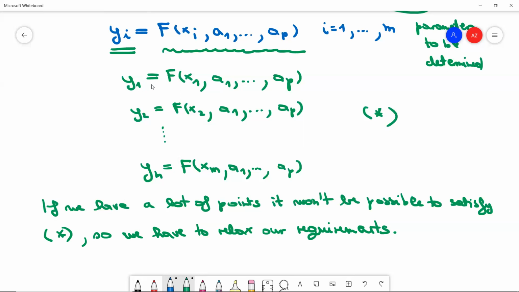So y1 will be approximately F of x1 with parameters A1 up to AP, and so on.